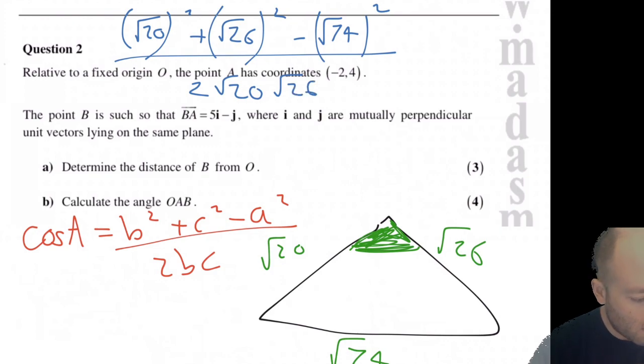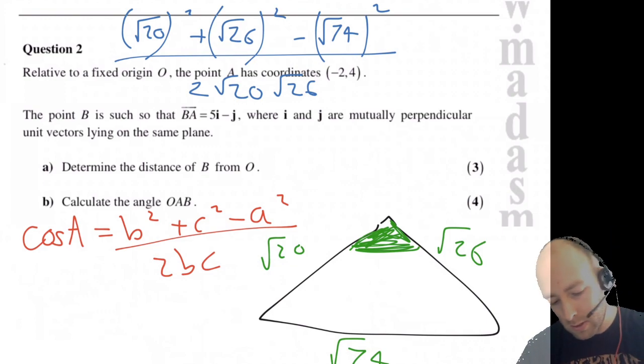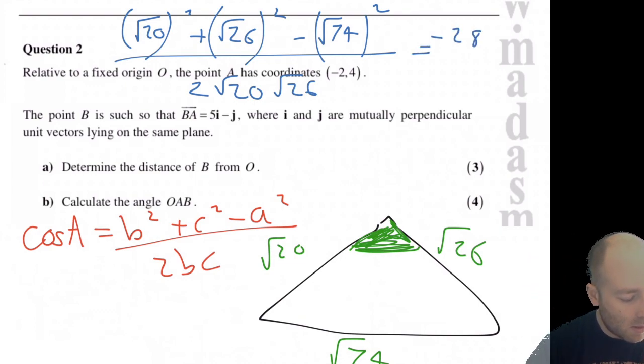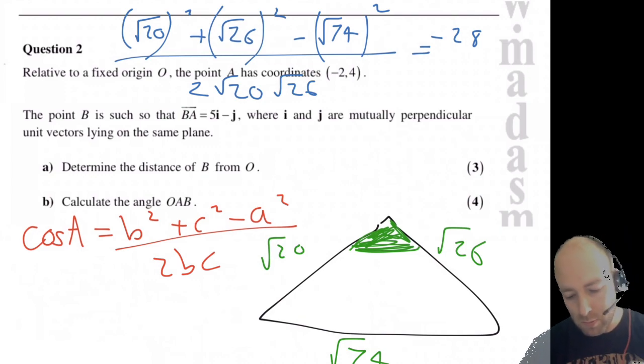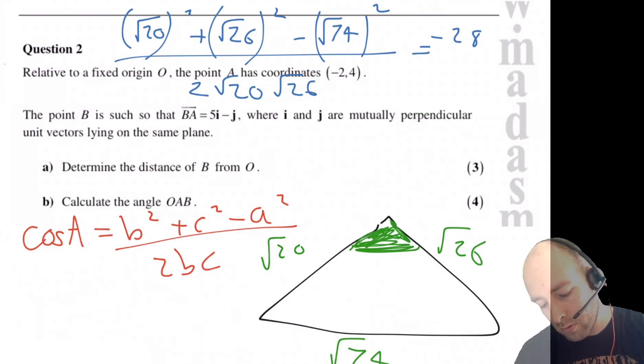Okay, so to the calculator we go. We get 20 plus 26 take 74, which is minus 28, divided by root 20 times 26 times 2, which gives me 4 root 130.